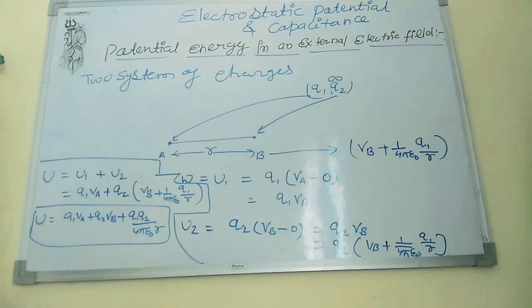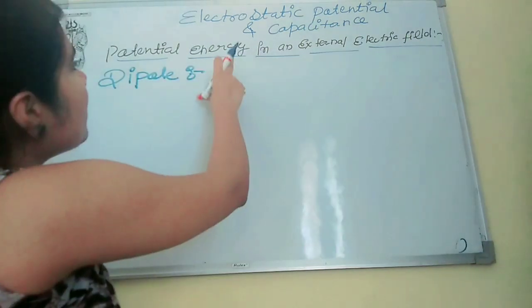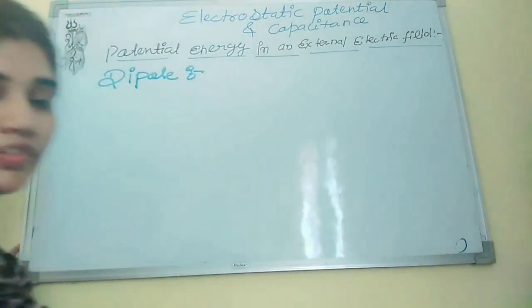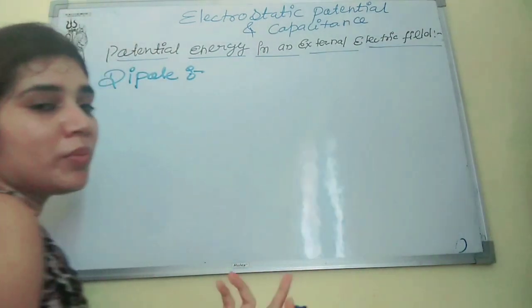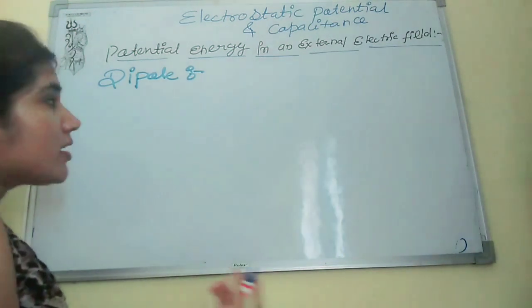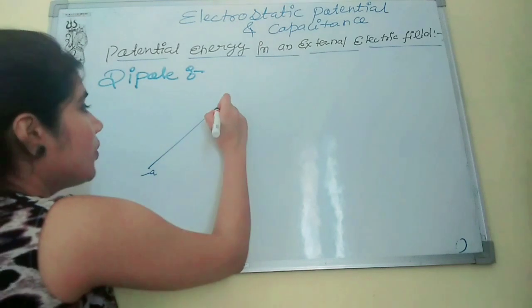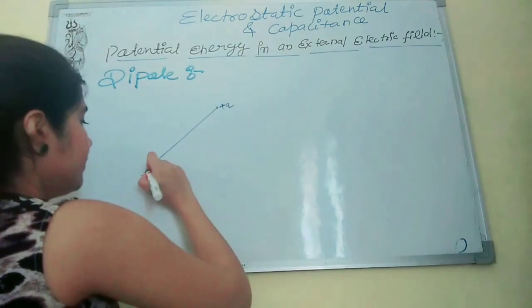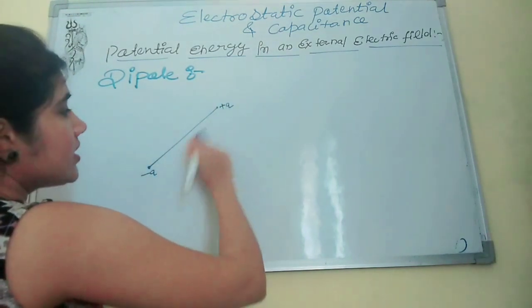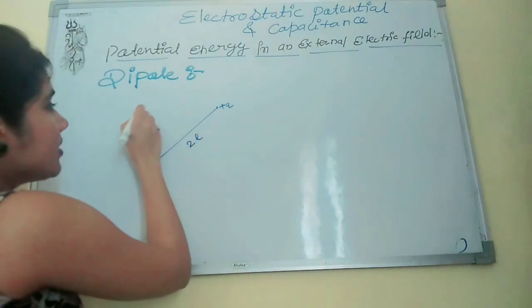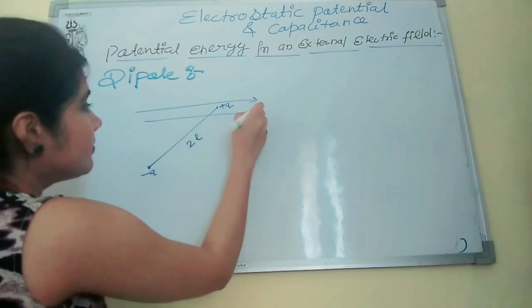After that we will see the potential energy in an external field because of a dipole. We will derive the potential energy of a dipole in an external electric field. We know a dipole is when two opposite charges are placed at some distance. Suppose this is the dipole, with minus Q and plus Q charges, and the distance between the charges is 2l, and it is placed in an electric field.